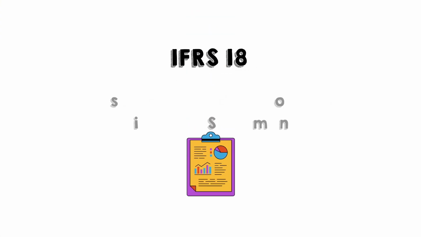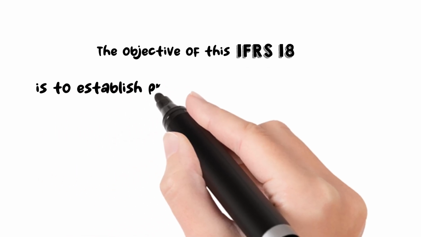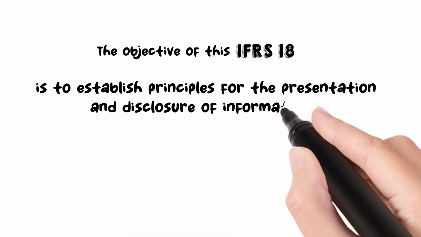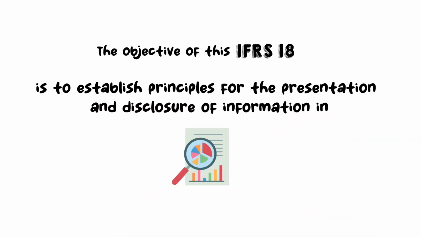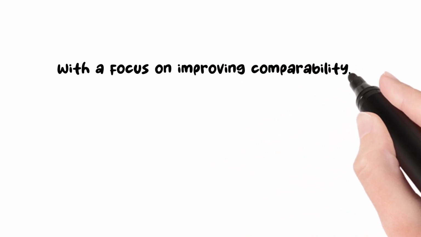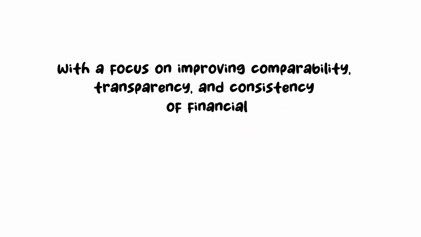IFRS 18. Presentation and disclosure in financial statements. The objective of IFRS 18 is to establish principles for the presentation and disclosure of information in financial statements, with a focus on improving comparability, transparency, and consistency of financial performance and reporting.